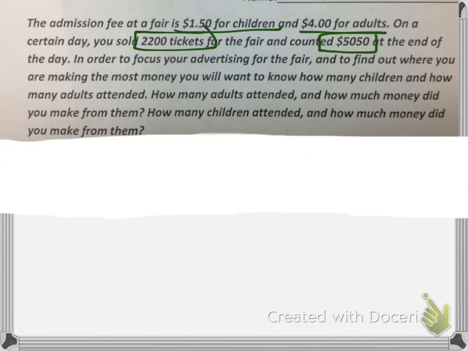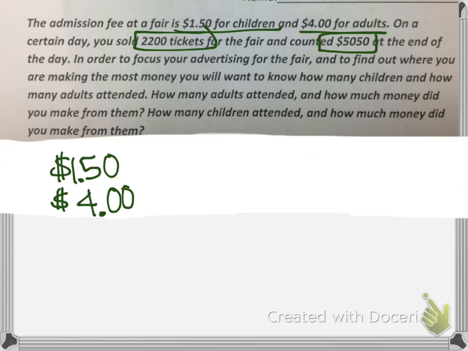So we're going to write out the equations. The first equation is going to have the money in it. So here we've got $1.50 for kids, and then we've got $4 for adults.